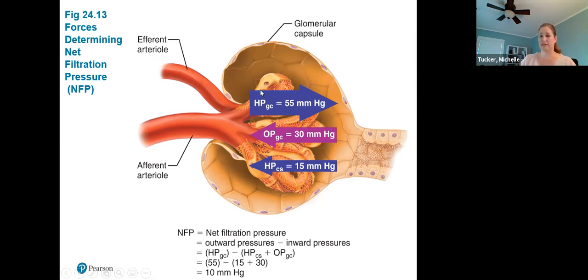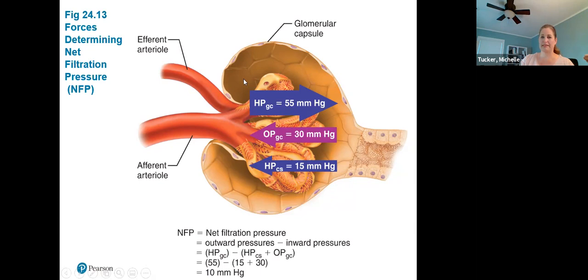This can be adjusted up or down depending on if we are vasodilating or vasoconstricting the afferent arteriole. It is opposed by negative 30 millimeters for osmotic pressure, and then negative 15 for hydrostatic pressure for the filtrate that's already been formed and is sitting in this capsular space. Net filtration pressure is going to be 10.